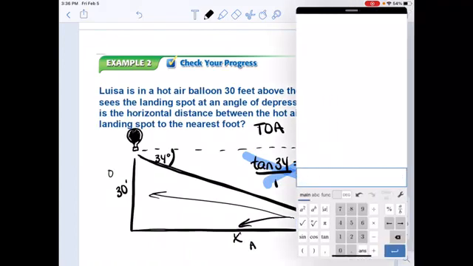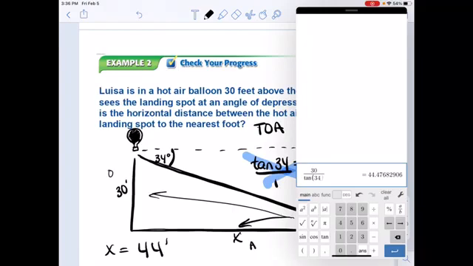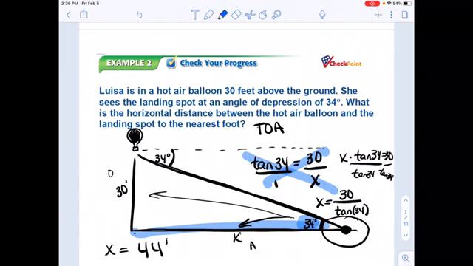So we want to go ahead and say, alrighty, 30 divided by tangent of 34. And the horizontal distance to the nearest foot is 44 feet. So this distance here is 44 feet.